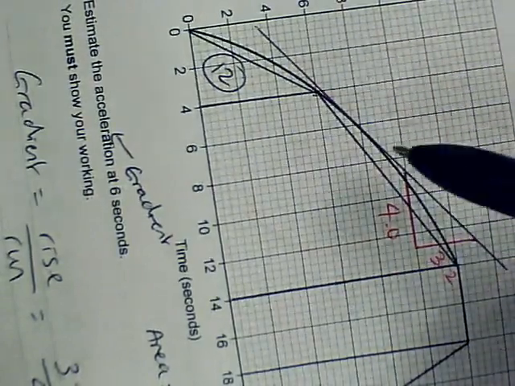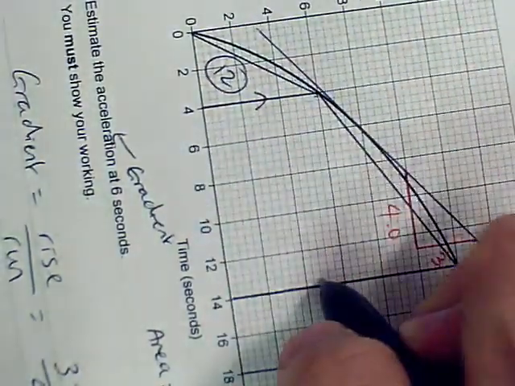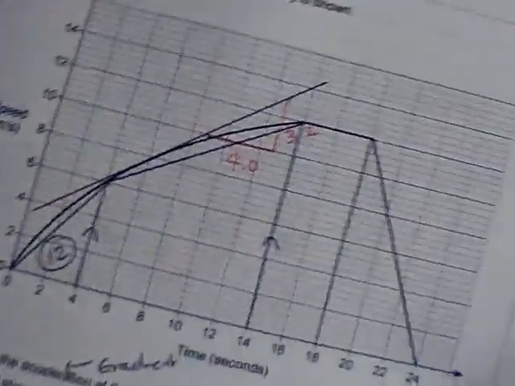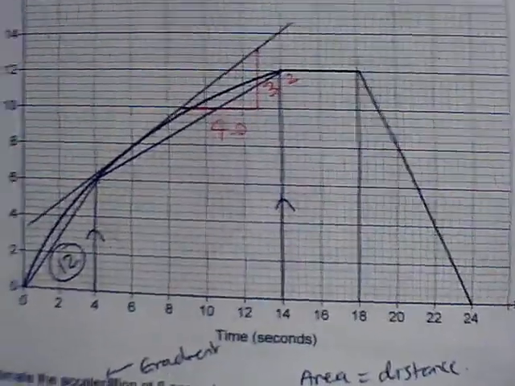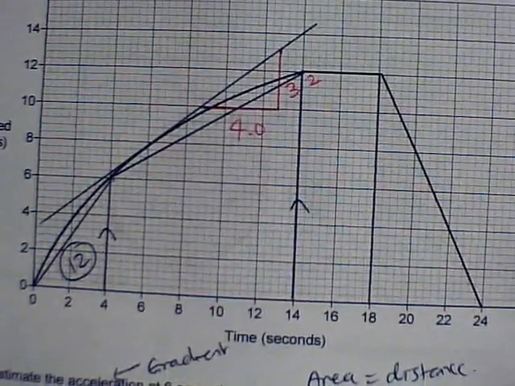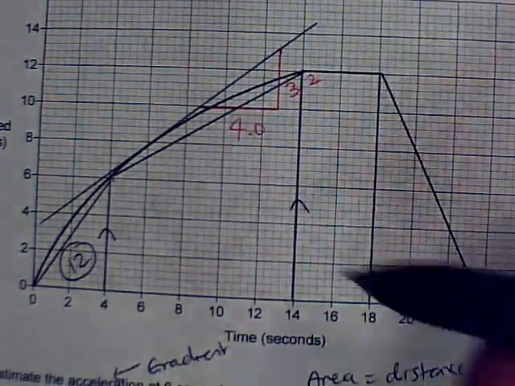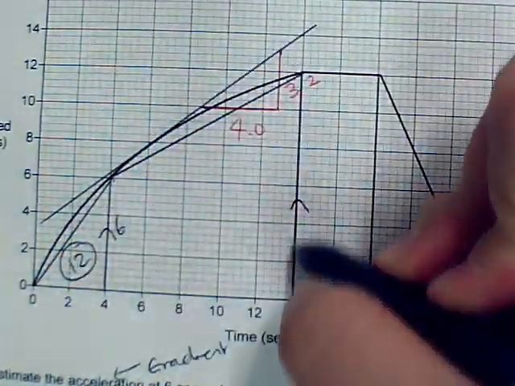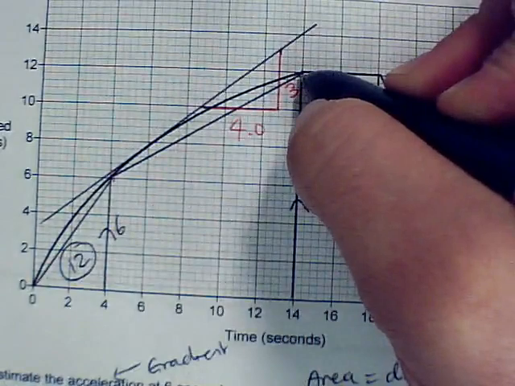But a trapezium is a 4-sided shape where we have 1 pair of parallel sides and 1 pair that aren't parallel. And to find the area of a trapezium, we can half the sum of the parallel sides. So if we look here, this is 6 and this is 12.